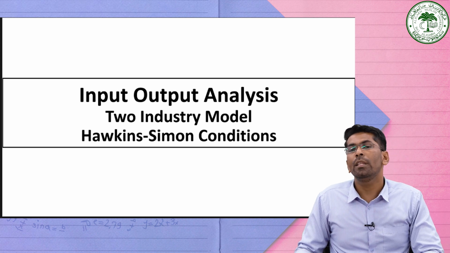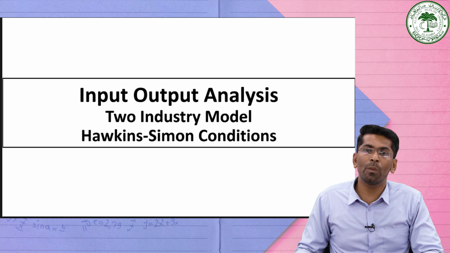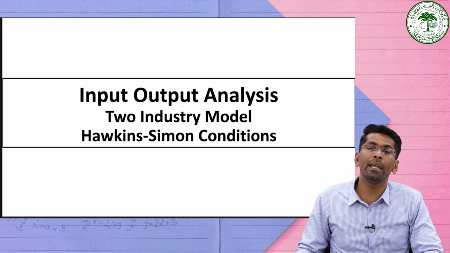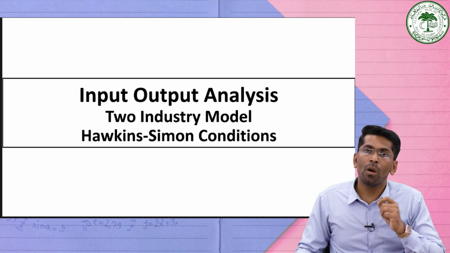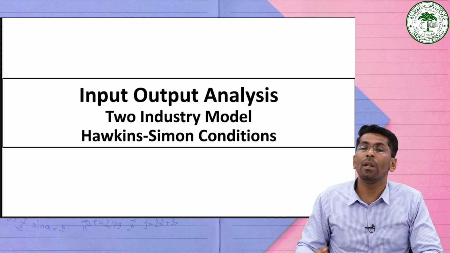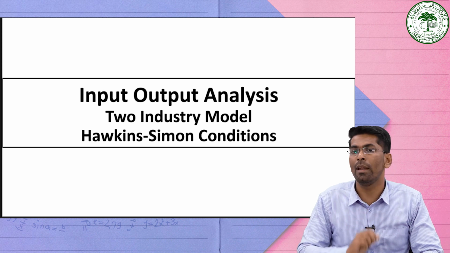Here, the mutual interdependencies lead to equilibrium between supply and demand in an economy. It means the total output must be consistent with all input requirements and the final demand, so that there will not be any bottlenecks.